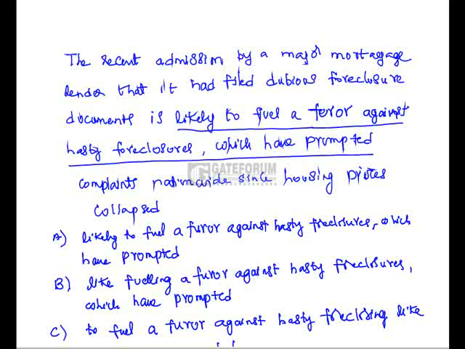B, like fueling. Actually, this is a wrong comparison, blatantly violating the rules of fundamental grammar. Likely to see, like fueling means what? He is comparing a furor against the recent admission, which is improbable and illogical.